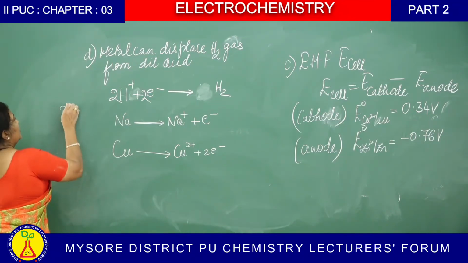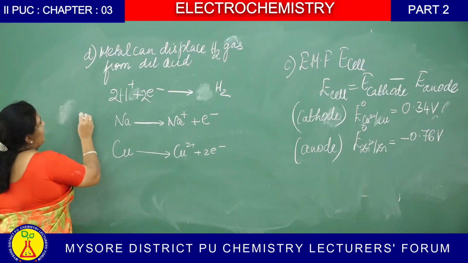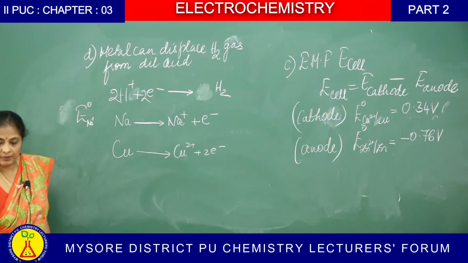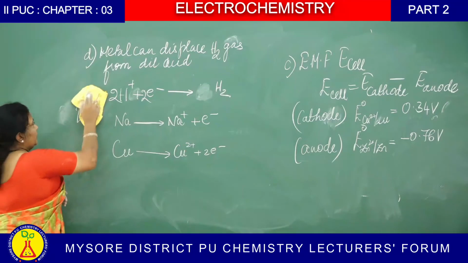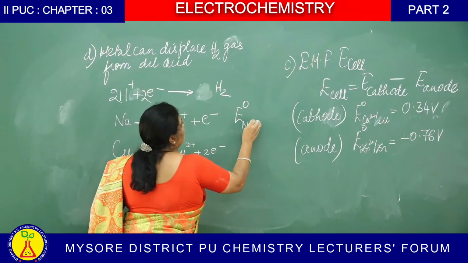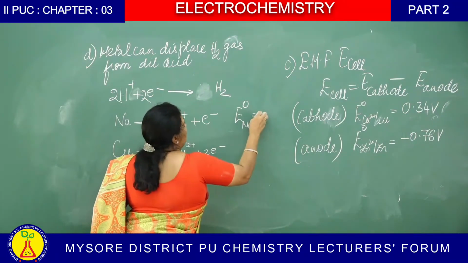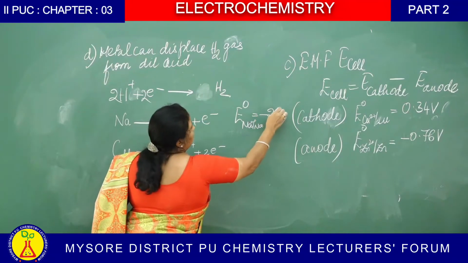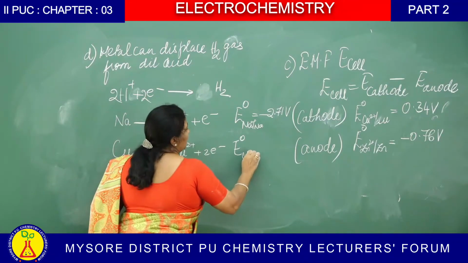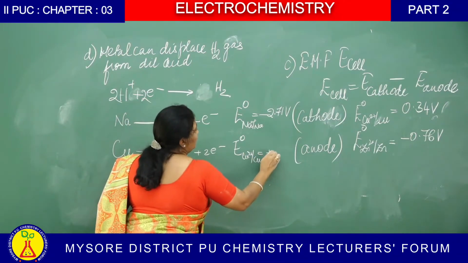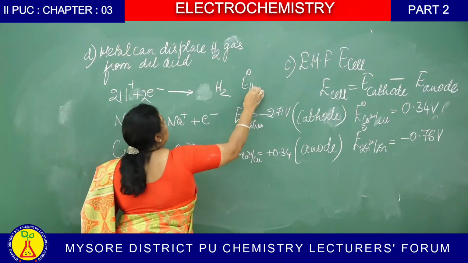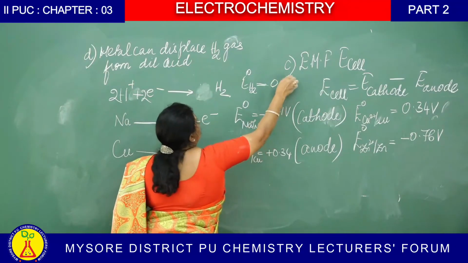The standard reduction potential of sodium is minus 2.71, and E naught of Cu 2 plus bar Cu is going to be plus 0.34, and E naught of hydrogen is 0, as we know.